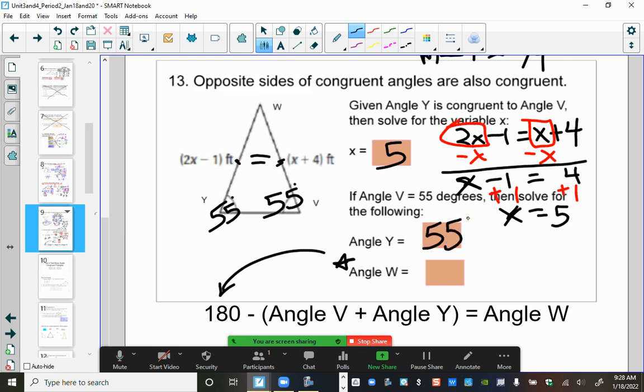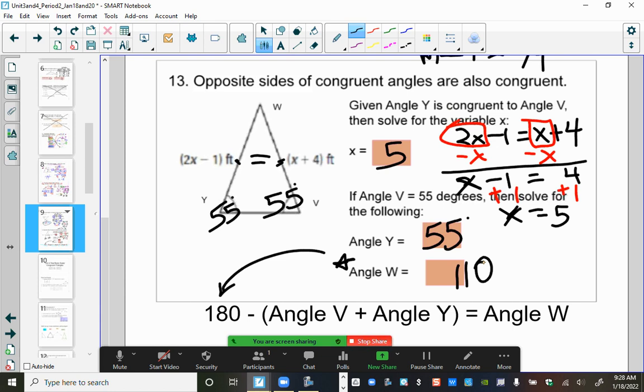But here's where a lot of us got this part wrong. Some of you got it right, but some of you got it dead wrong, because you thought, oh, add them up. What's 55 plus 55? 110. A lot of you were putting 110 here.